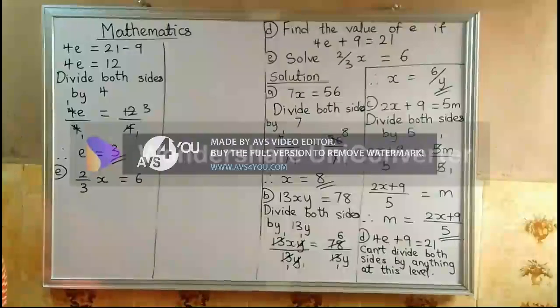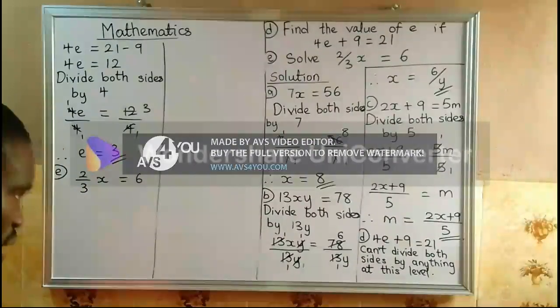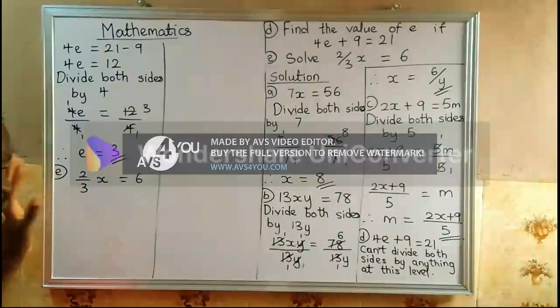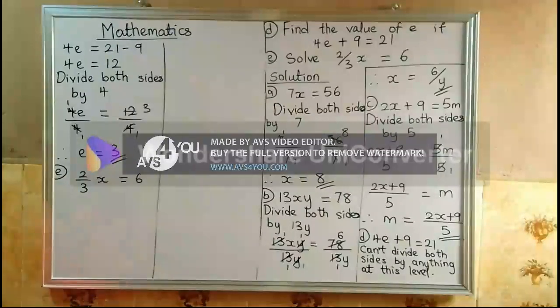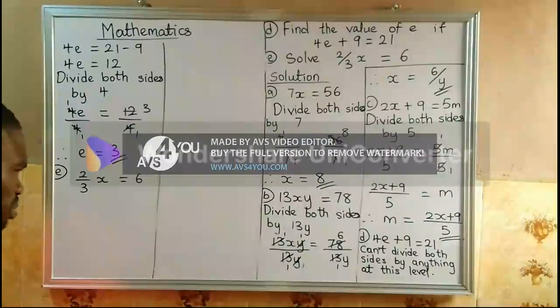Back to the question we have. So 2 over 3 x equals 6. Could we divide both sides by something? Yes, we could. Why? Because the term containing the variable we are looking for, which is 2 all over 3x, is on one side of the equation, and every other term is on the other side of the equation.